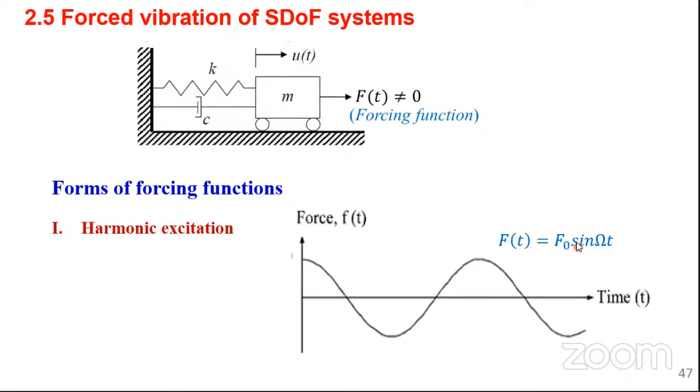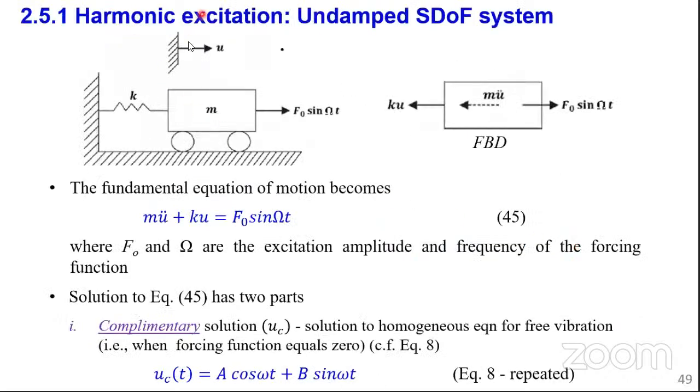This is easier because we can solve these trigonometric expressions. Remember, in our course we are dealing with differentiation so much. We are dealing with ODEs, ordinary differential equations, right? So when we look at this kind of function, we see this is easy. We can differentiate quite easily. And that's why we start with harmonic loading or harmonic excitation.